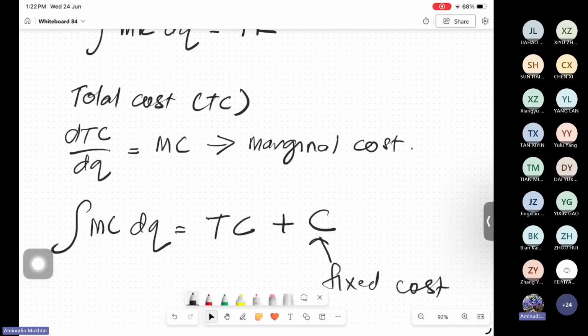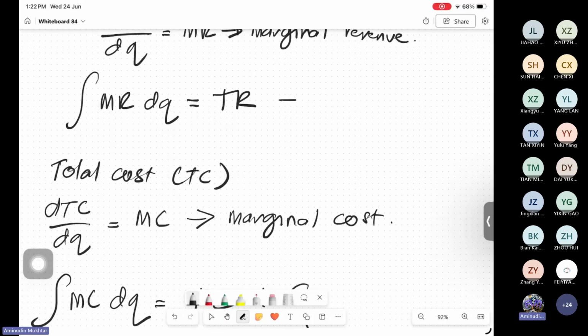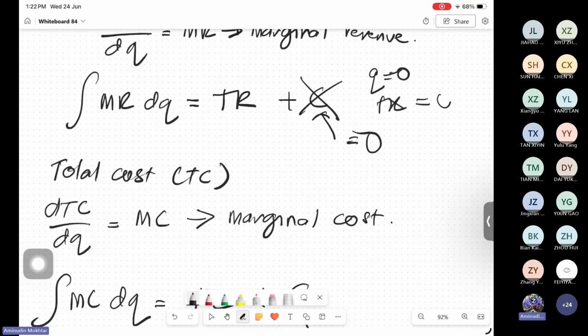But for TR, there is no need to put plus C, because in economics, when Q equals 0, TR also equals 0.